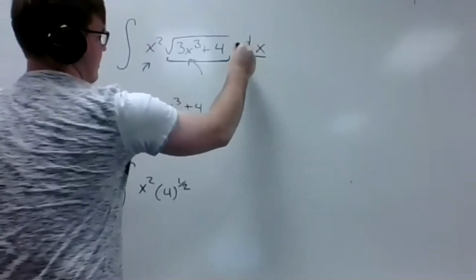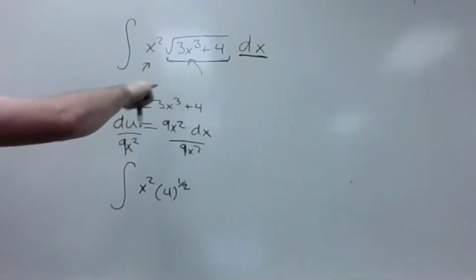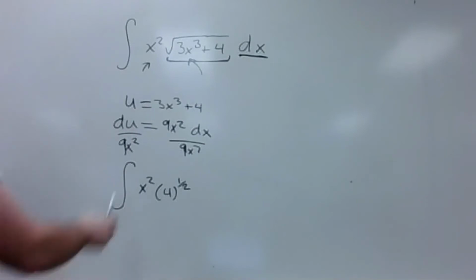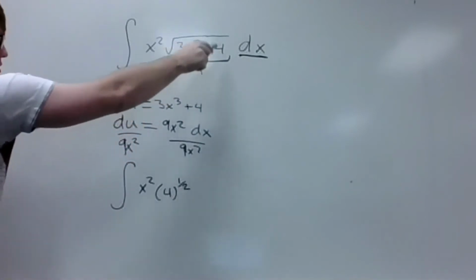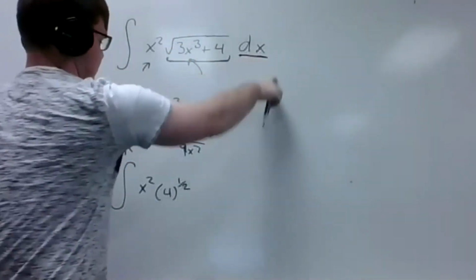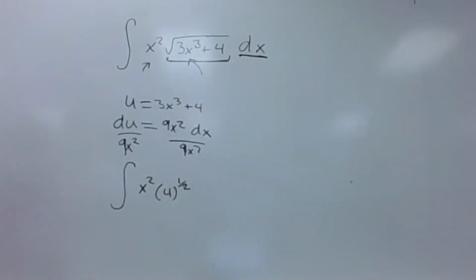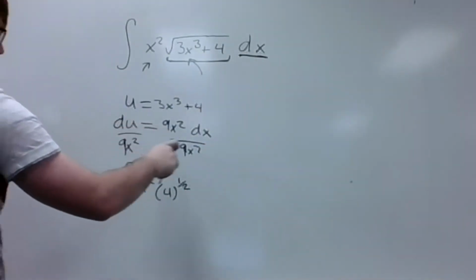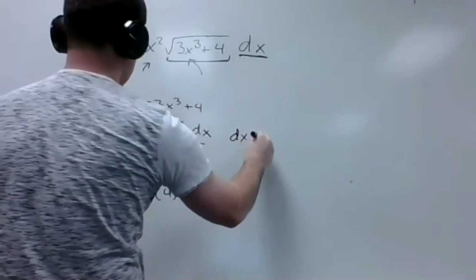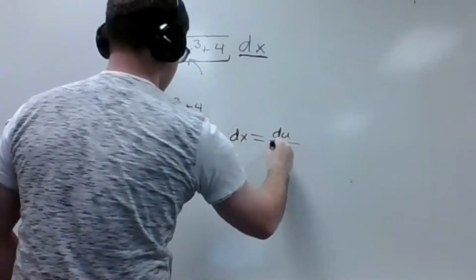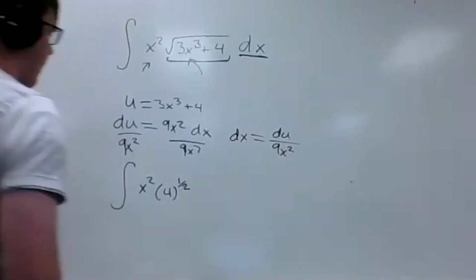We want to replace this dx. If we're changing this to u, then we also need to change this dx to a du. So by doing this step, we get dx is equal to du over 9x squared. And that's how we know we divide by this.